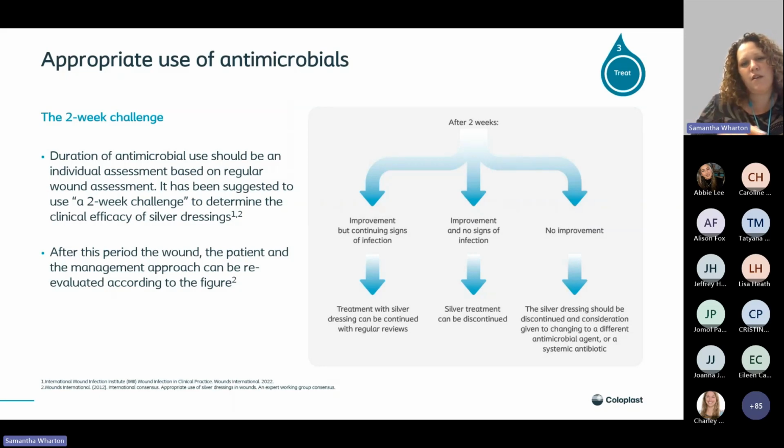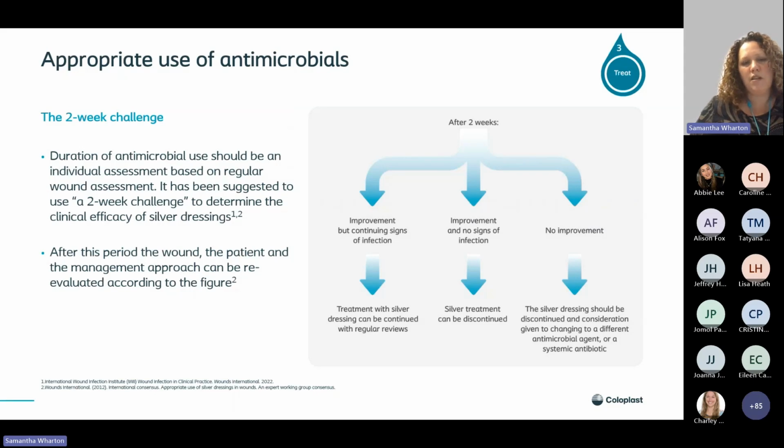So there's 3 different options. If you've used it for 2 weeks and there's improvement and continuing signs of infection, you can continue to use that antimicrobial because it is doing what you want it to do. If after 2 weeks there's improvement and no signs of infection, so those local, subtle, classic signs of infection have gone, you can then stop using your antimicrobial because it's done what you needed it to do.